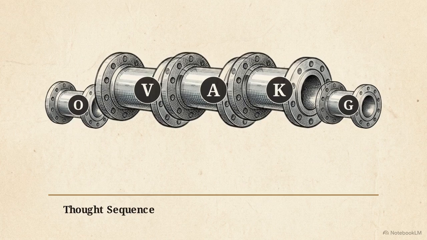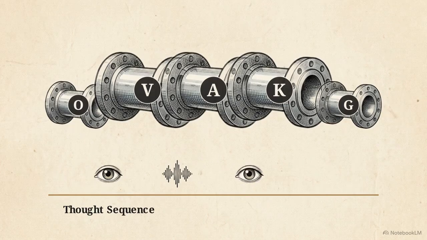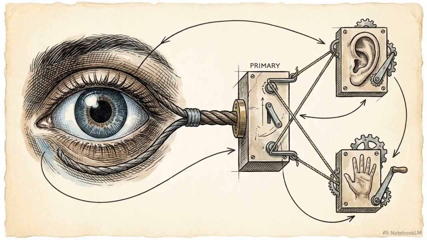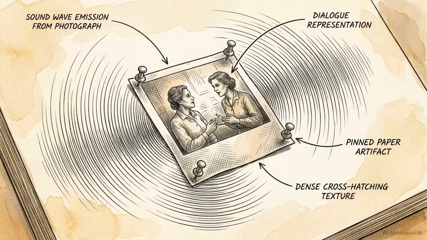Within this model, every internal thought, memory, or projection is constructed as a sequence of these generated sights, sounds, and physical sensations. To retrieve these stored memories, the brain typically uses a lead system, a single dominant sensory channel that pulls the rest of the file. A specific mental image might trigger the audio memory of a conversation.